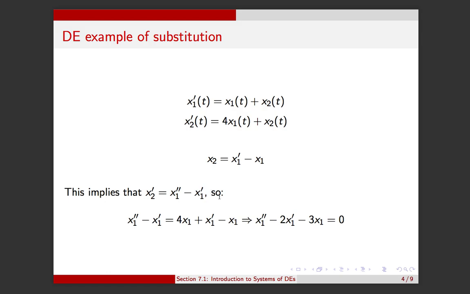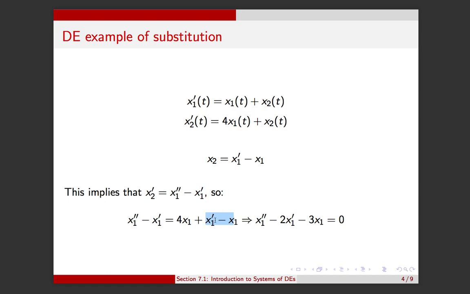Okay, so what do you learn? If you substitute this formula for x2 into the second differential equation here, what you learn is that x1 double prime minus x1 prime, this is x2 prime, must equal 4x1 plus x2. But what's x2? Well, we know it's x1 prime minus x1.